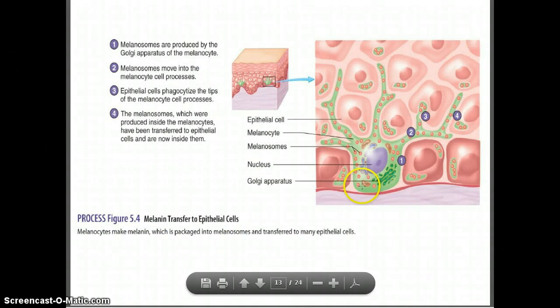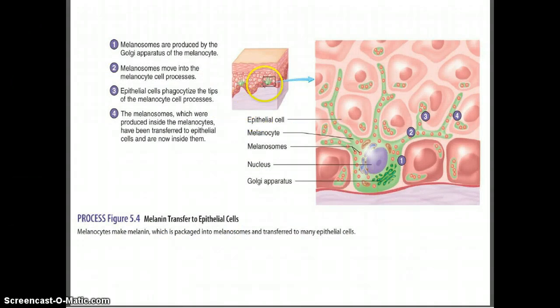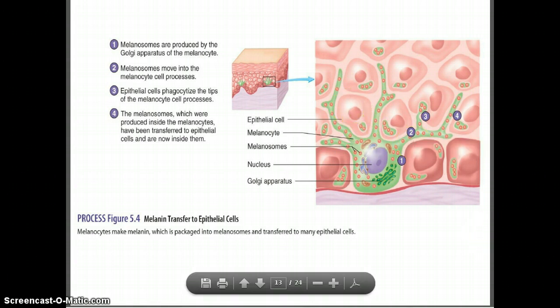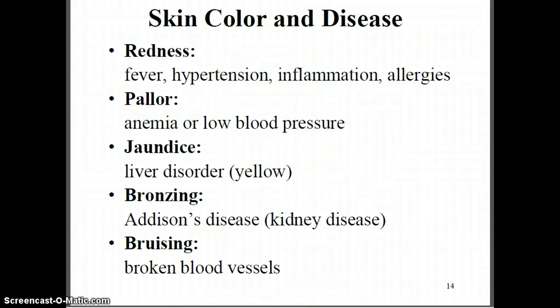This is a little bit of detail of how melanosomes, which are the bodies that actually contain the melanin, are produced and then taken up by these cells of our epithelial tissue. So they're produced in melanocytes. A cyte is a cell, and then transferred, actually taken up by our epithelial cells so that the epithelial cells become pigmented.